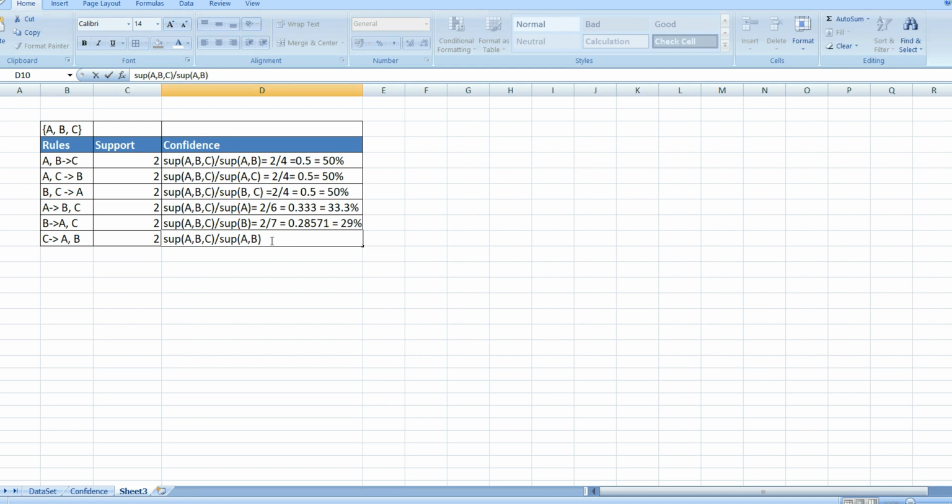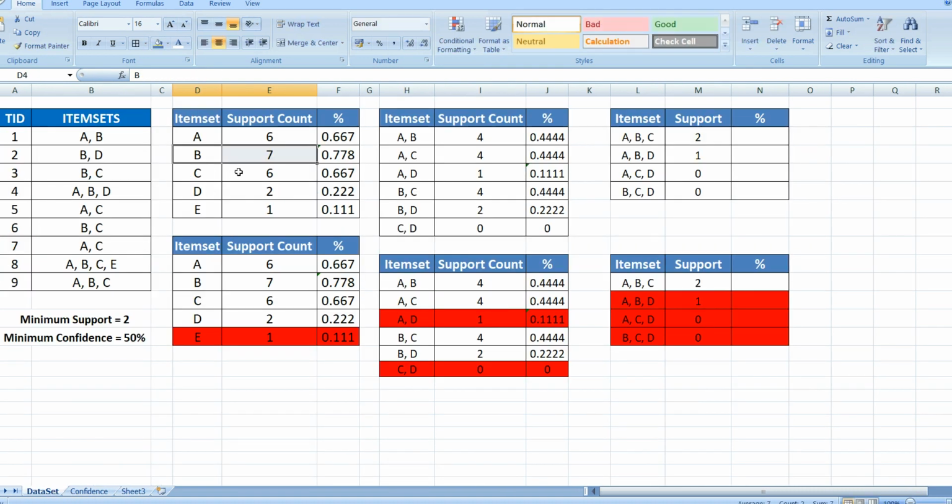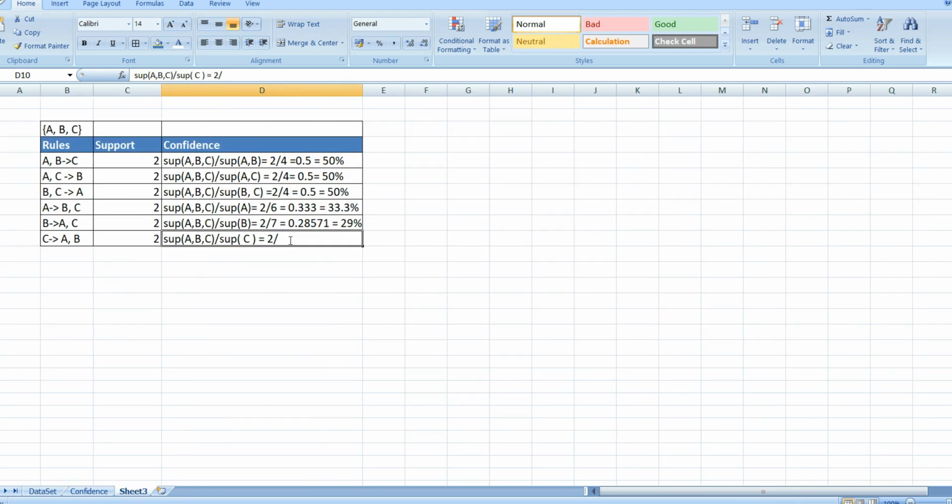We do calculate again for the last, where the left value is C, to give us 2 divided by, we go and check again the support of C, which is 6 from here. So divided by 6, which is a value that we have already calculated on top. So it gives us 33.3%.